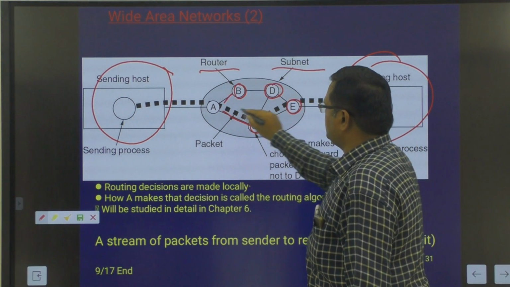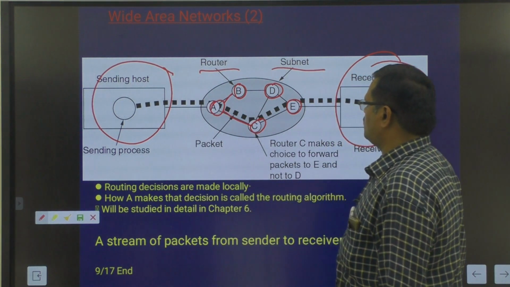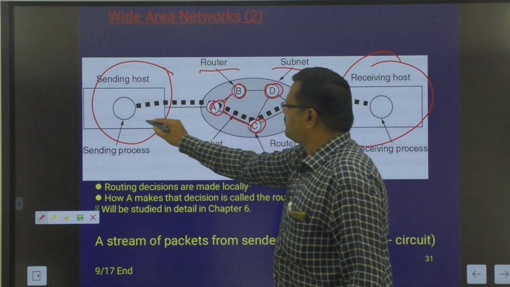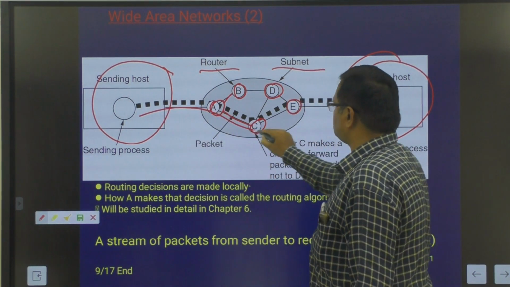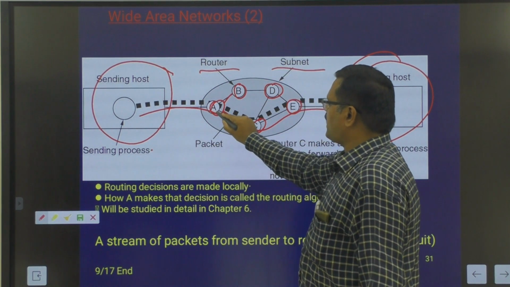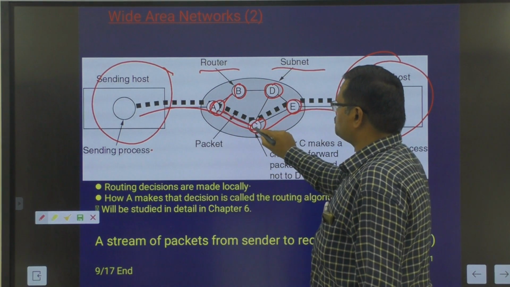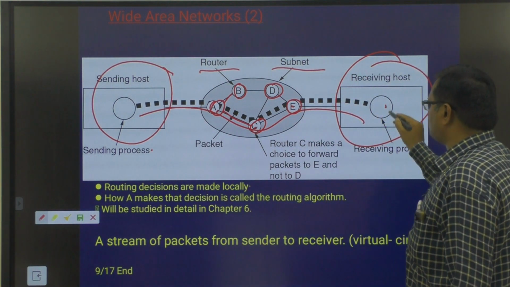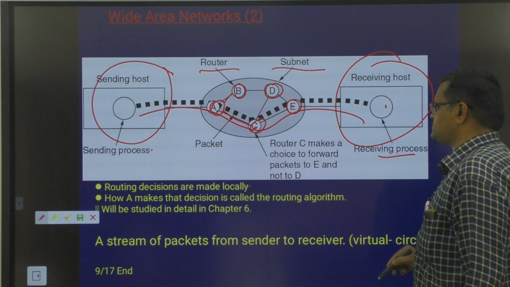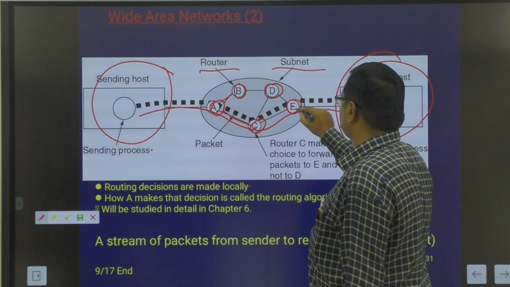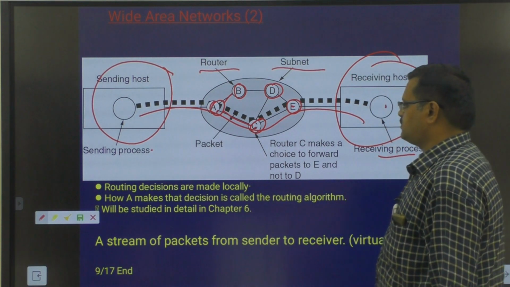So A, B, C, D, E, all these are routers. So now the packet from the sending host travels this path. That means it comes from the sending process, routes to router A, then routes to router C, then routes to router E, and then is received at the receiving host, that is the receiver process. So it will not go to B and D. It will go directly from A to C, C to E, and E to the receiving host.